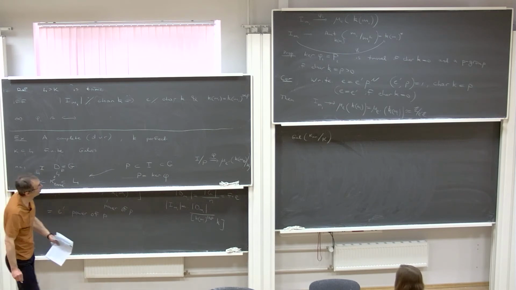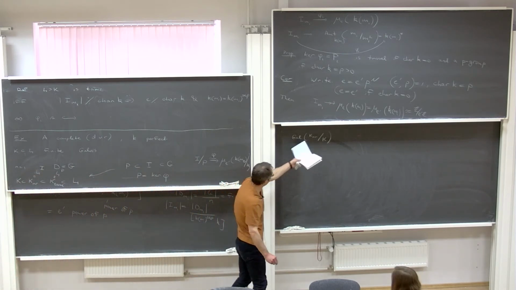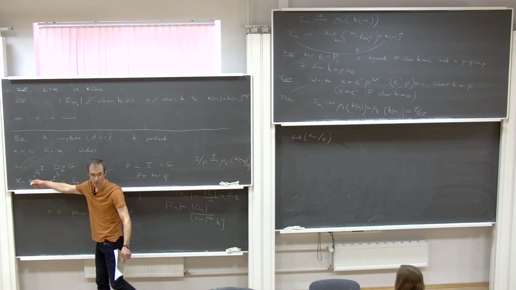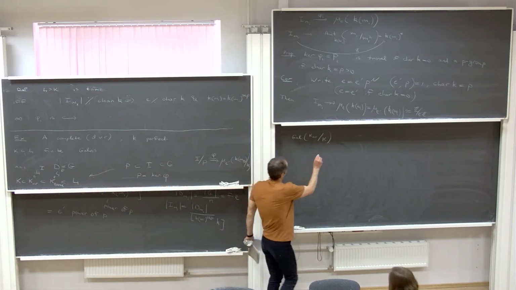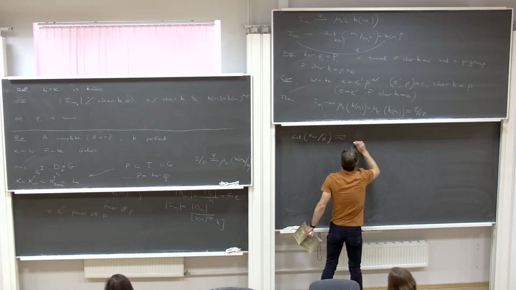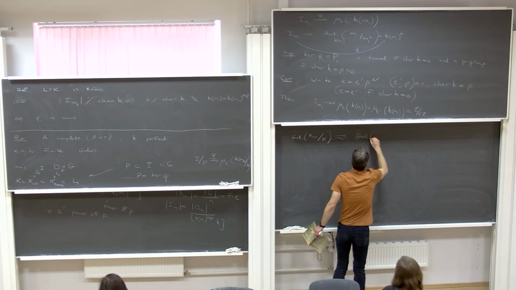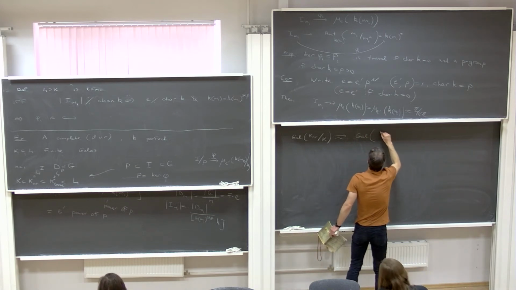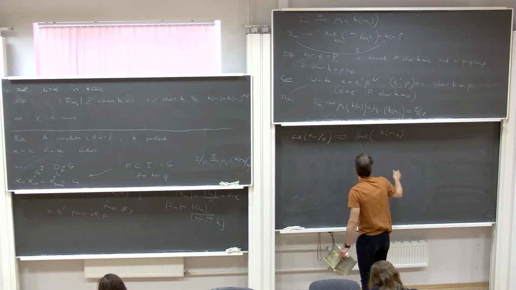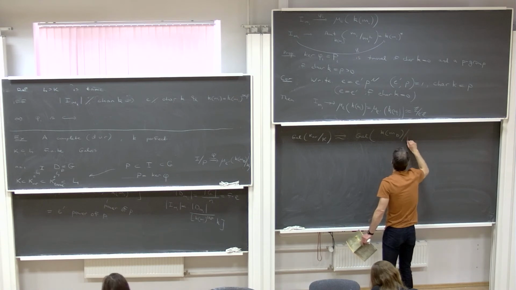If you start with any extension, you can take the maximal unramified subextension, and its Galois group maps isomorphically to the Galois group of the residue field, which is k-bar over k.